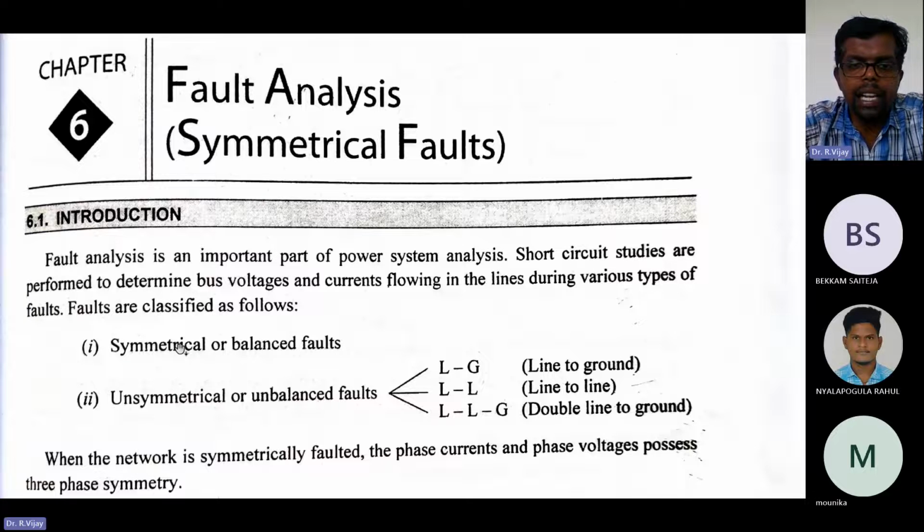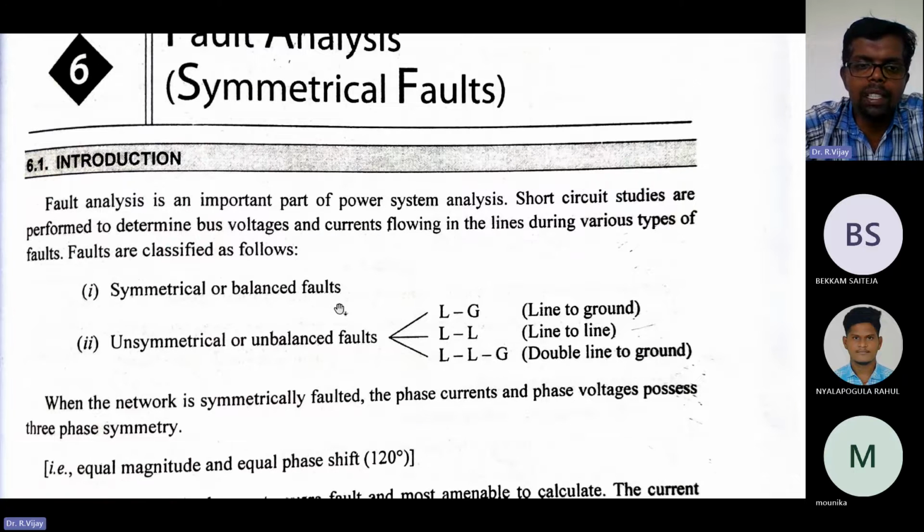The first one is symmetrical faults or balanced faults. This kind of fault occurs as a series fault in a single line. Say, for example, there are three lines, R, Y, B. Only in one line this kind of fault is happening, and it does not fall to the ground.